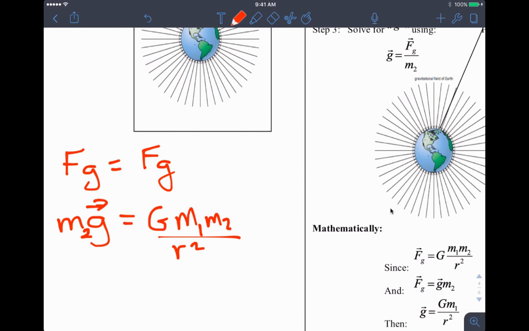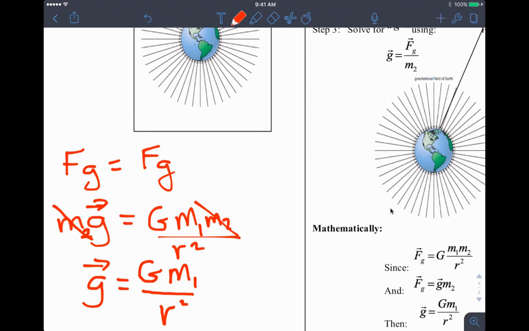So that means M2 is on both sides of the equation, which means we can cancel them out. And that leaves us with another formula that you've not seen yet: gravitational field strength is also equal to the universal gravitational constant times the mass of the planet, or the source mass, the big mass, divided by the separation distance r squared.